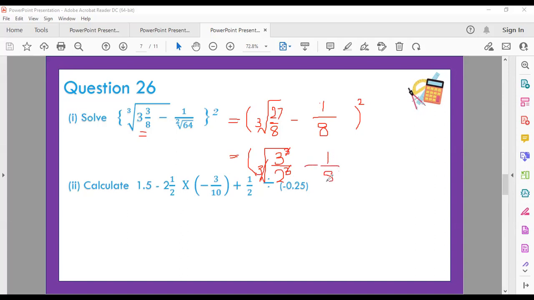Continue doing your question over here. Don't change anything. Now, what fraction do we have here? We have 3 over 2 minus 1 over 8. And again, don't forget, you're going to square the answer later.